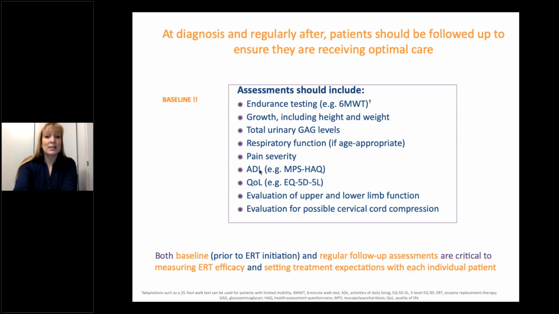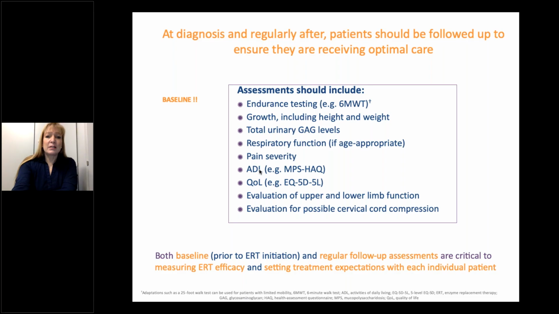And one of these is that at diagnosis and regularly after, patients should be followed to ensure that they are receiving optimal care. And this first step is, whenever you have a patient, whenever you want to start a treatment, you have to perform baseline assessments.